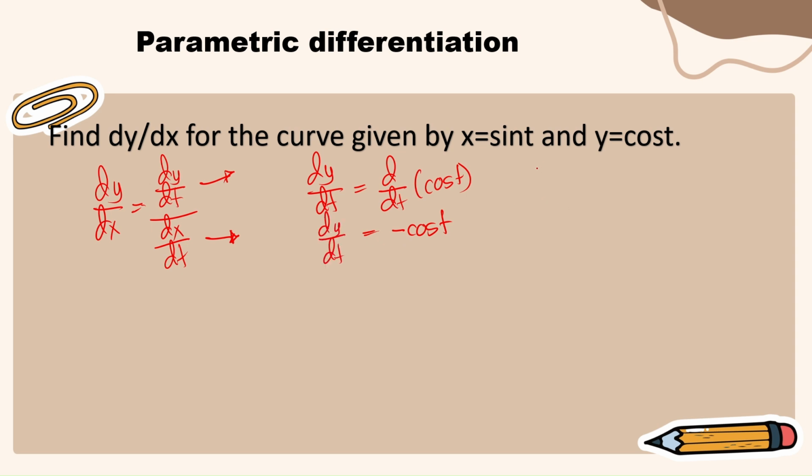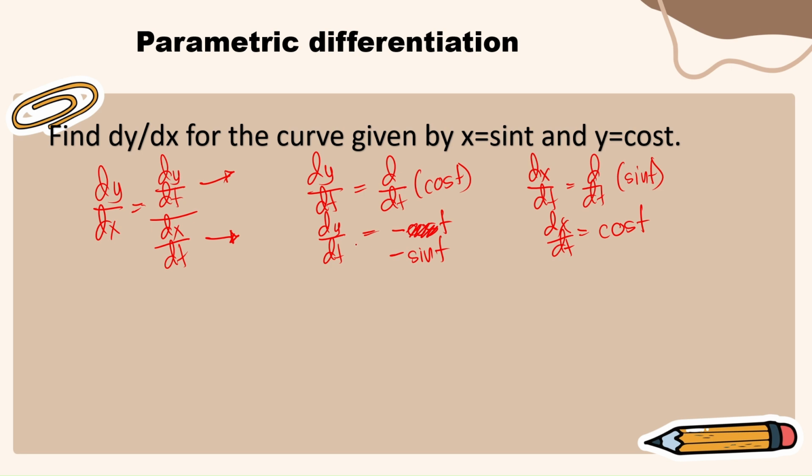After that, let's have dx over dt. That is simply d over dt of sine of t. And what is the derivative of sine t with respect to t? That is simply equal to cosine t. I'm so sorry for that.